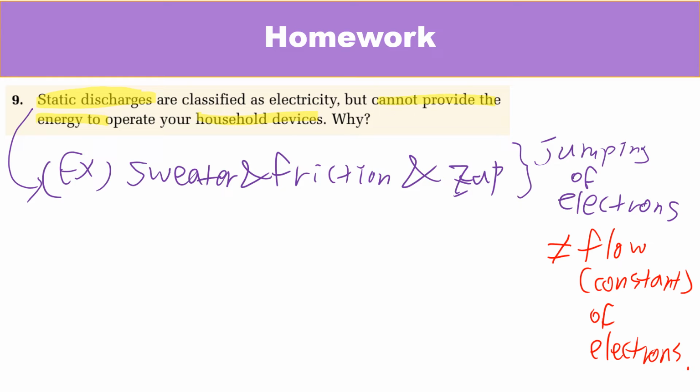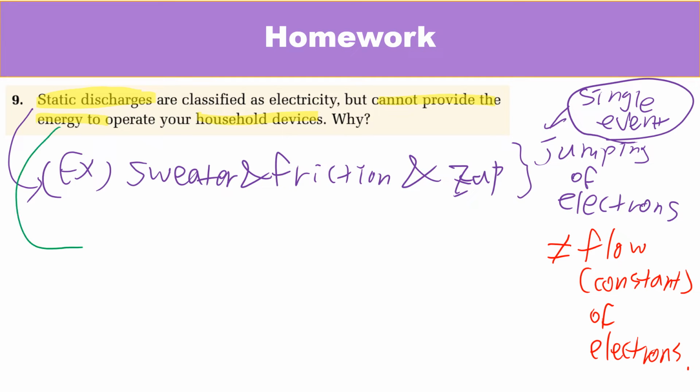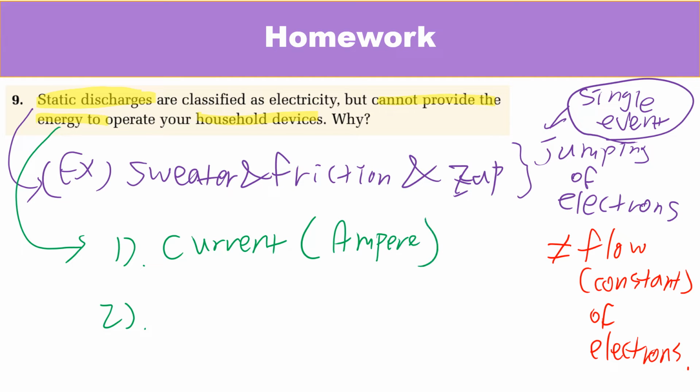It is just a single event, nothing more, nothing less. In order for us to have energy to operate, we need two things. Number one, we need constant current, some kind of ampere as a unit that we can have constantly. So current has to be constant.